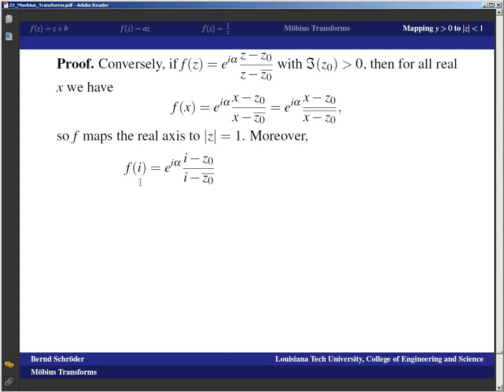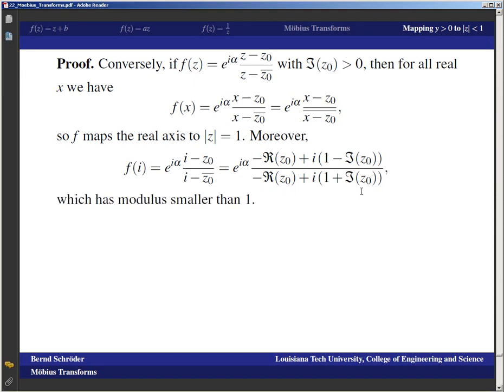And moreover, f of i, which is in the upper half plane, well, that's e to the i alpha times i minus z0 over i minus z0 bar. Well, that's e to the i alpha times negative real part of z0 plus i times 1 minus imaginary part of z0, divided by negative real part of z0 plus i times 1 plus imaginary part of z0.